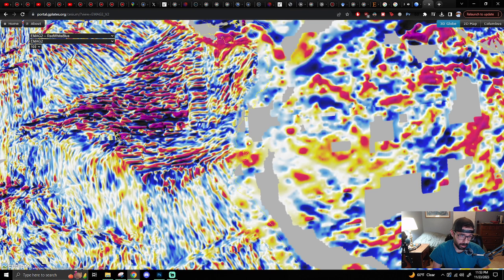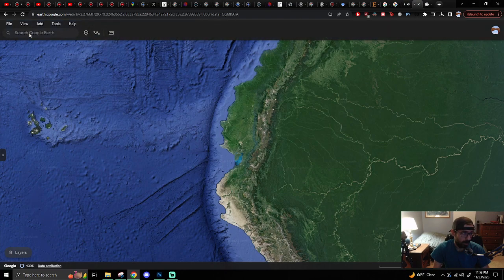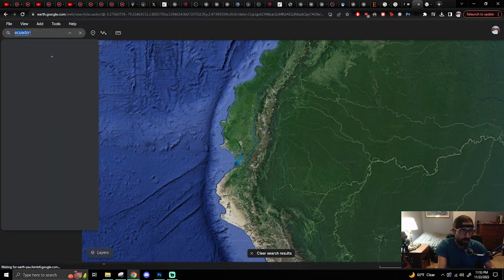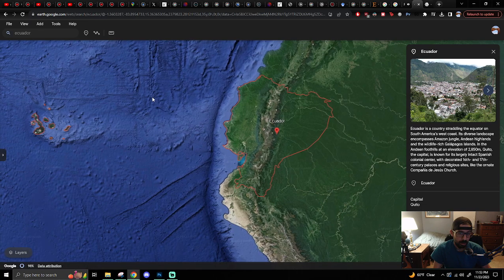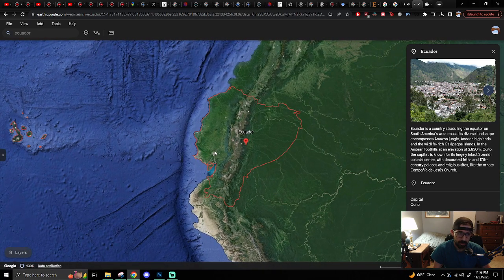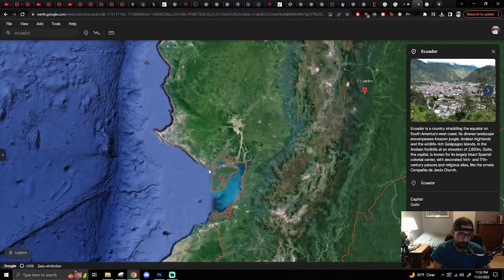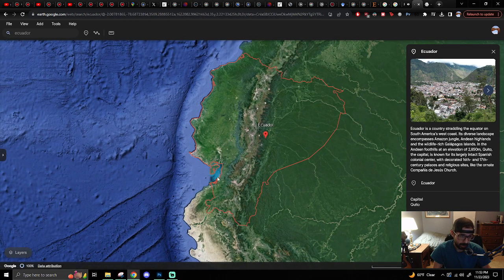This is Ecuador here. So Ecuador, let's just pull up the boundaries. Here's the secondary mantle puncture hole location.